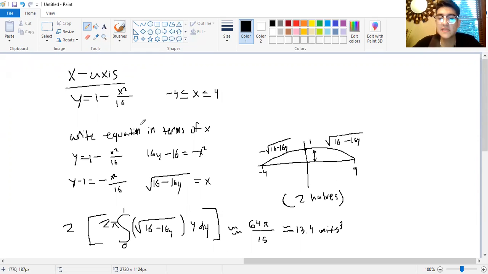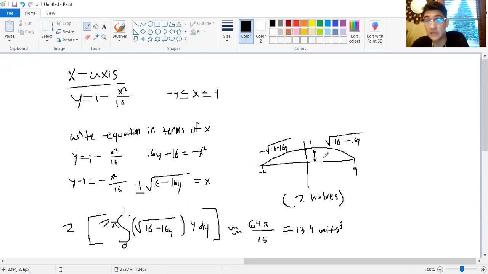When I plot it, I notice something: even though it shows here that I put it as positive, it's actually positive and negative. So on one side, from -4 to 0, my r would be negative, the square root of 16 minus 16y.